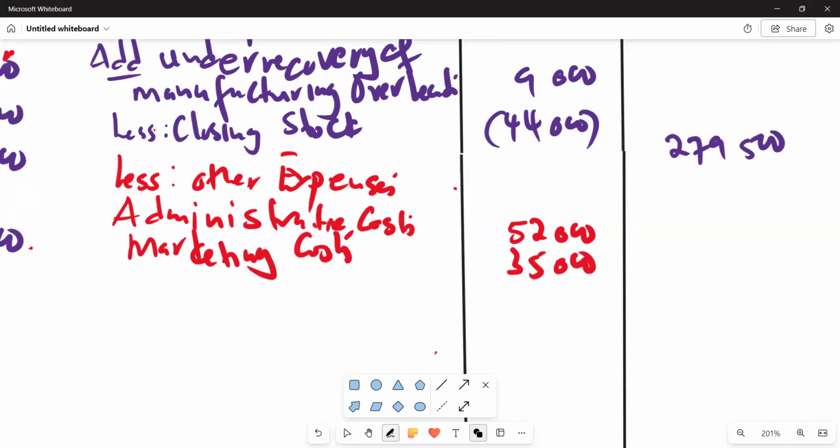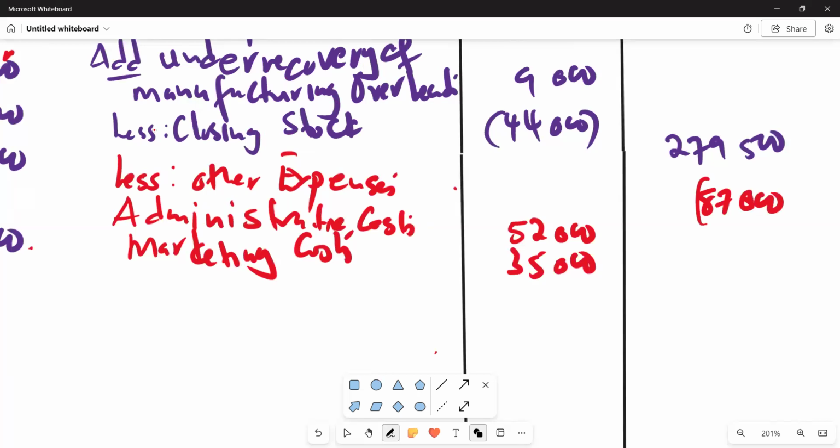Then we add 52,000 plus 35,000. You get 87,000. Remember, it's going to come in line with less other expenses. So this total for other expenses that we have is 87,000.